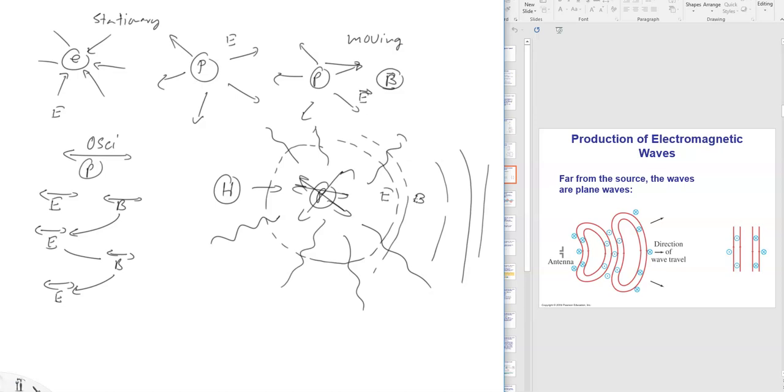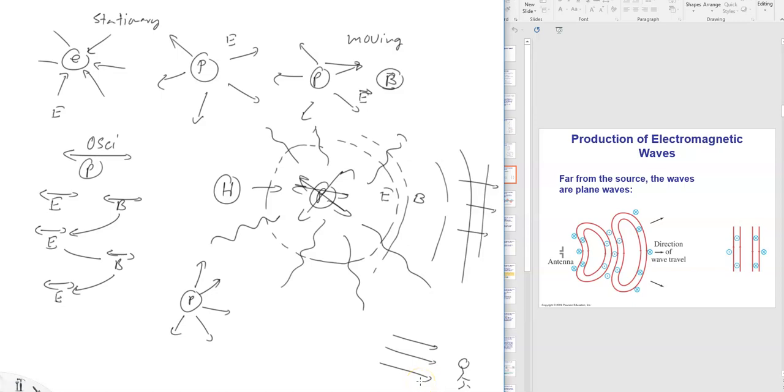So from a distant observer, you feel like parallel lines coming towards you, so you can draw arrows pointing parallel like this. Near to the charged particle, the arrows will be pointing away from it, but when it comes to a far away observer, somebody over here, they're more like straight lines, right?